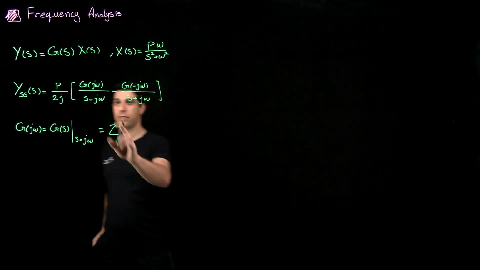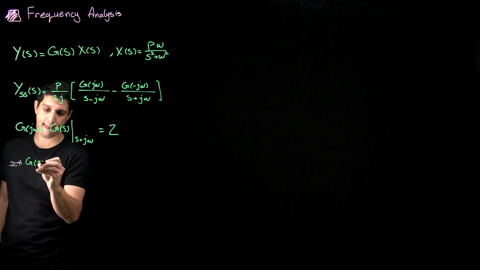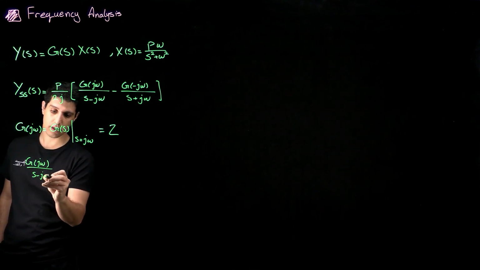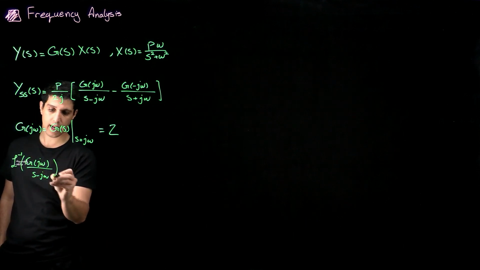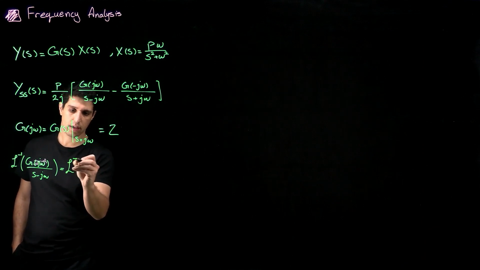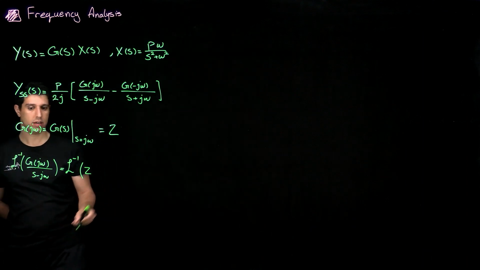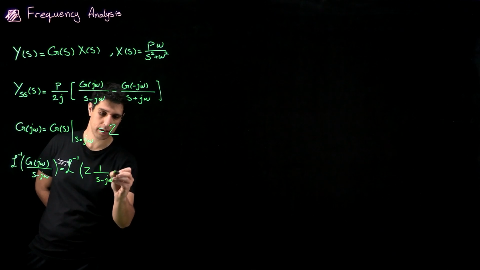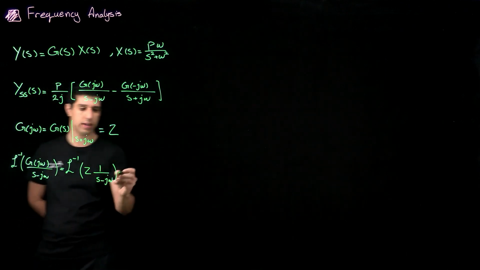If I want to write G of j omega divided by s minus j omega and take the inverse Laplace, remember this is just a number z times 1 over s minus j omega, so s minus another number, s minus a.